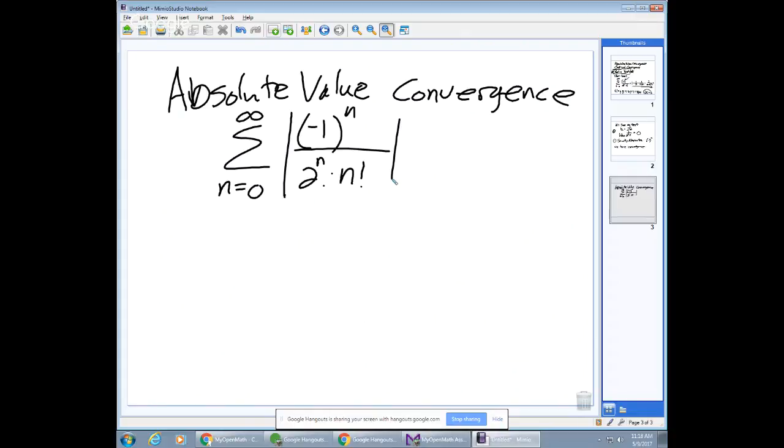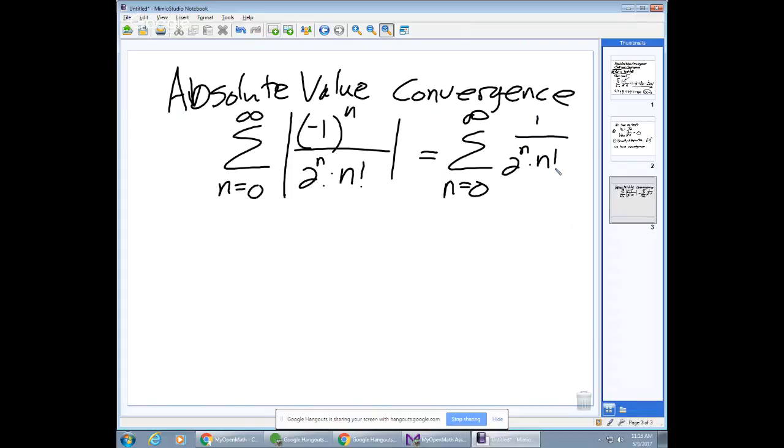And the absolute value just says, hey, if there's any negatives, forget about them. So this is exactly equal to the series as n goes from 0 to infinity of 1 over 2 to the n times n factorial.